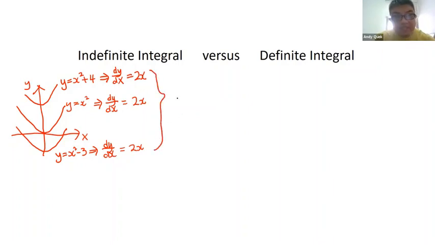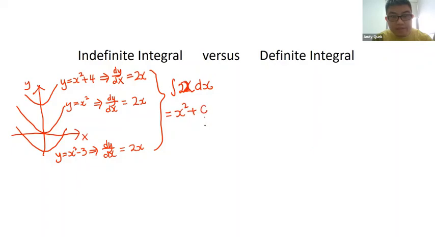What this means is if you now perform the reverse operation and integrate 2x with respect to x, we get an indefinite integral. It is called an indefinite integral because we are not really sure which of those original graphs this came from.